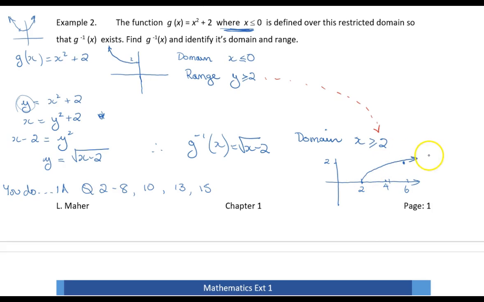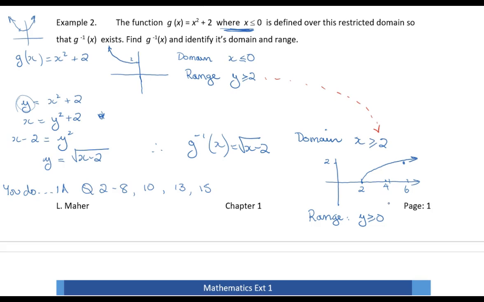So we're actually getting this graph. Now, we can see that the domain is only the x values greater than or equal to 2. But if we did it for long enough, we would get an ever-increasing y value, and so its range would be y greater than or equal to 0.